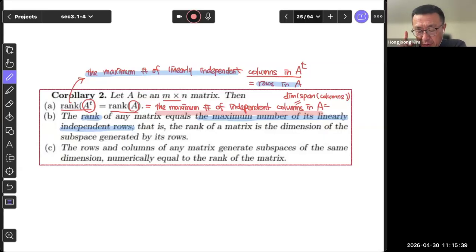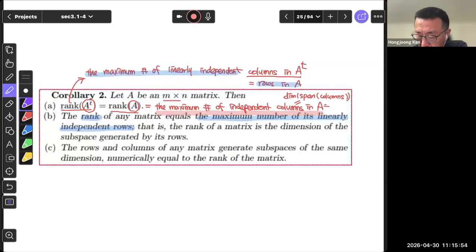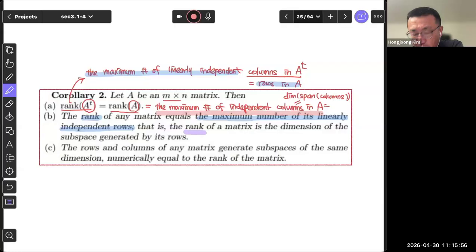Now the rank can be counted by using the maximum number of linearly independent rows in A. So that means the rank will be the dimension of the span of the rows, the space generated by the rows.